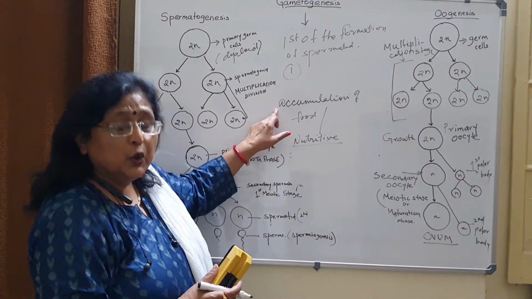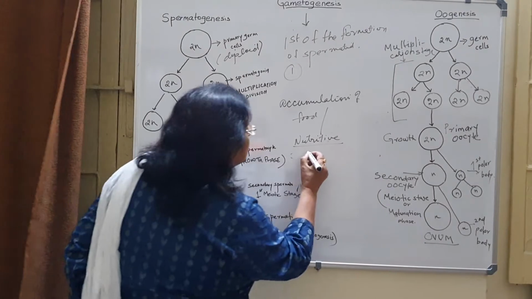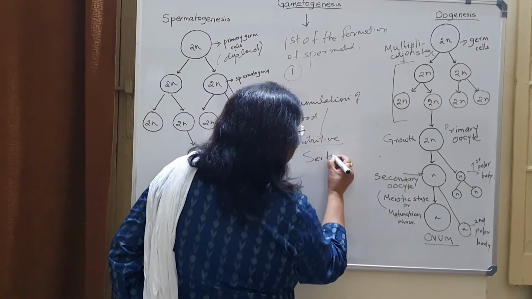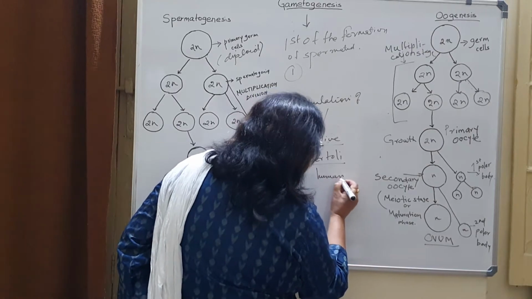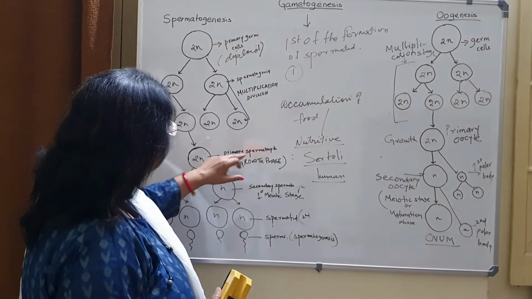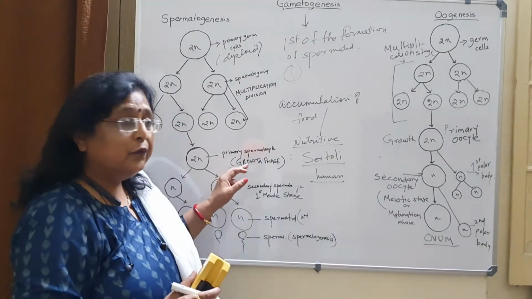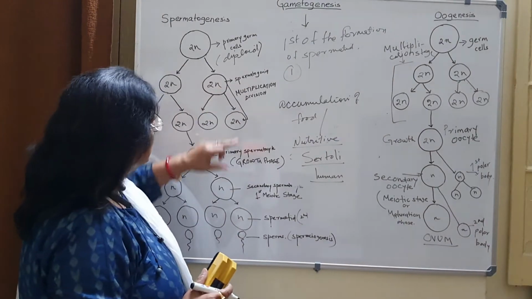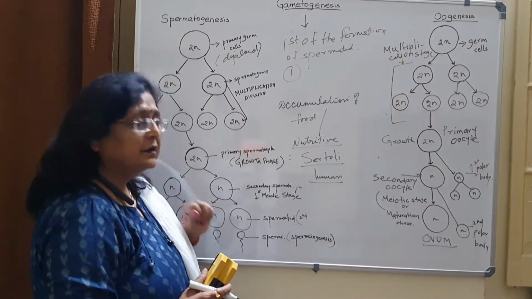In human beings, these nutritive cells are the Sertoli cells. The Sertoli cells provide the required nutrition to the spermatogonia to grow in size. And after the growth phase, the spermatogonia change into primary spermatocytes.